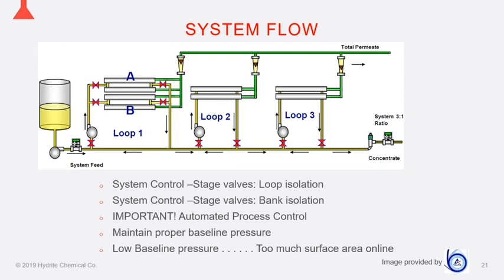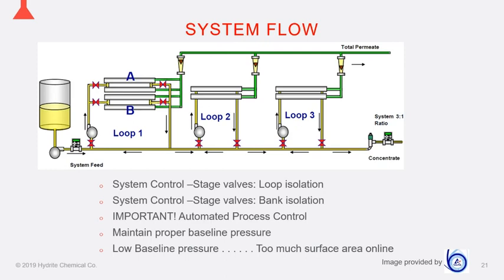Now, if all your loops are coming on within 10 or 15 minutes of each other, there's a problem. It may be that membranes didn't get cleaned properly the night before, or maybe there's something in that feed stream that's causing those membranes to foul. There's something that's not typical, and those operators know.